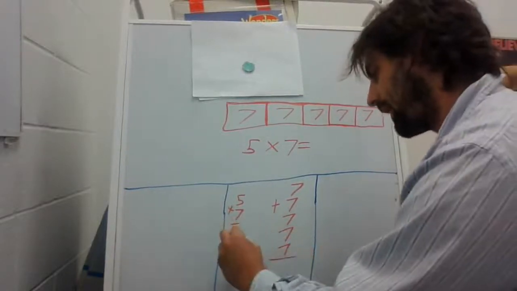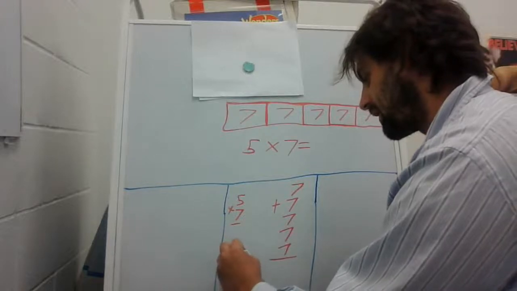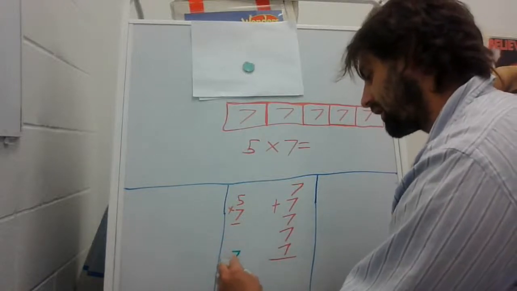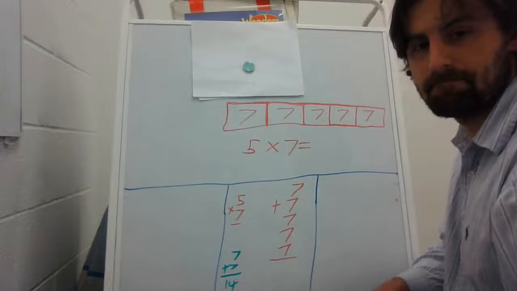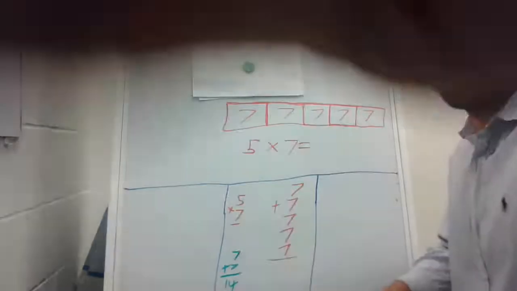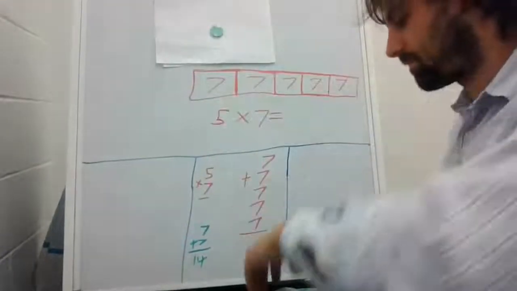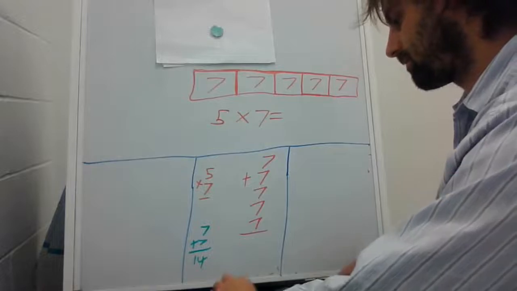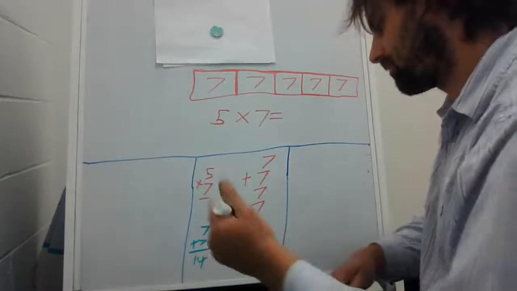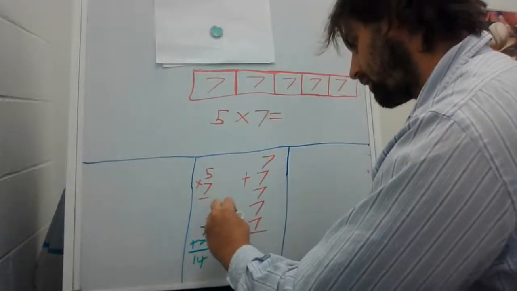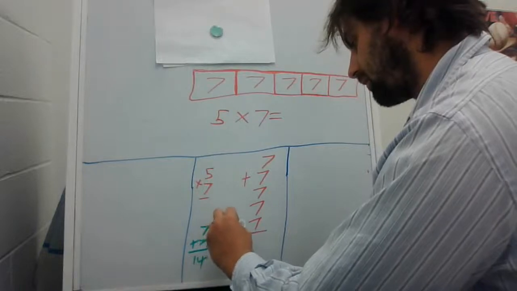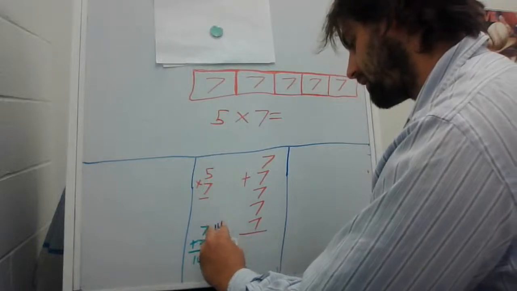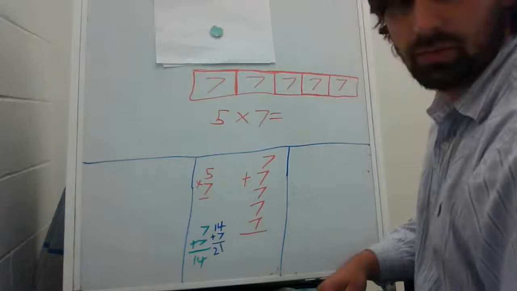So we're going to start out by adding 7 plus 7. 7 plus 7 equals 14. 14 plus 7 equals 21.